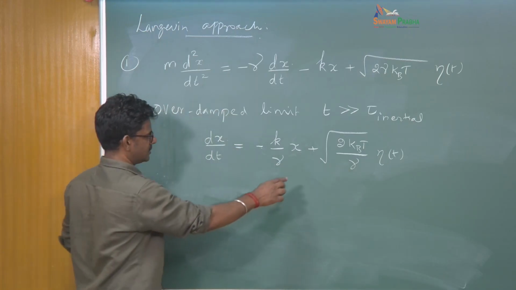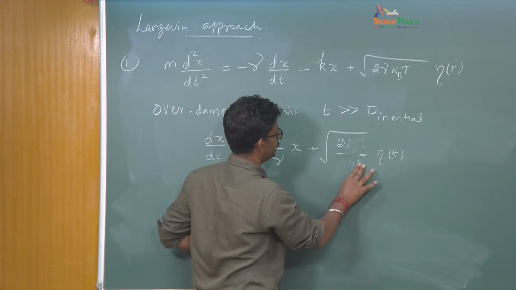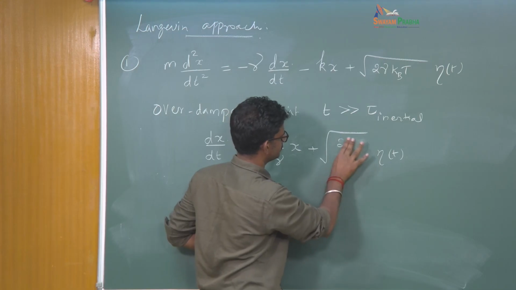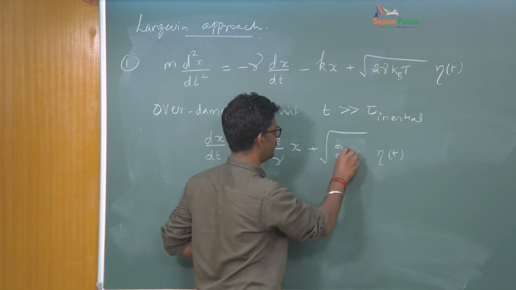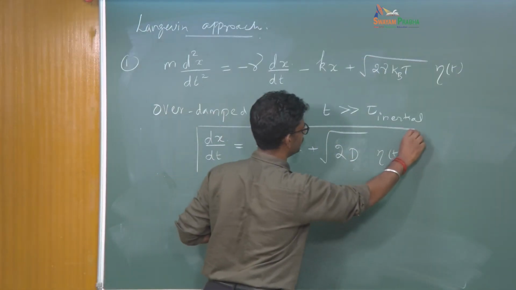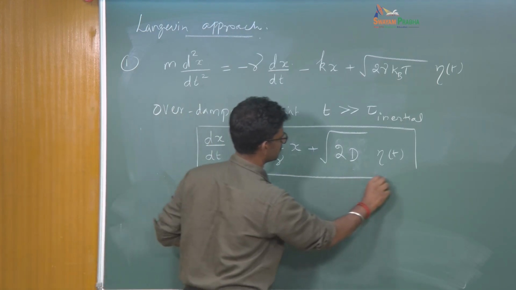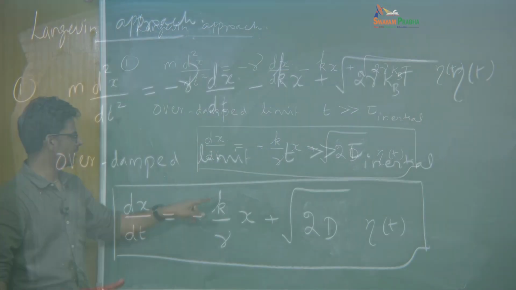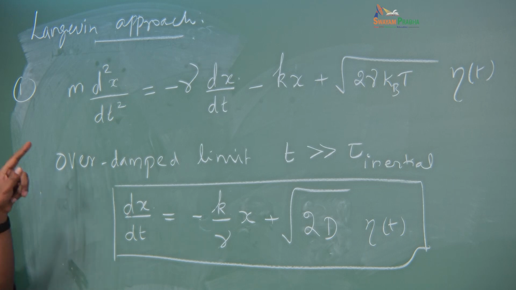Okay, and this 2 kBT by gamma is nothing but diffusion coefficient, so you can simply write 2D. Okay, so this expression basically tells you if you solve this, you can find how the position of a harmonically bound Brownian particle will evolve in time.